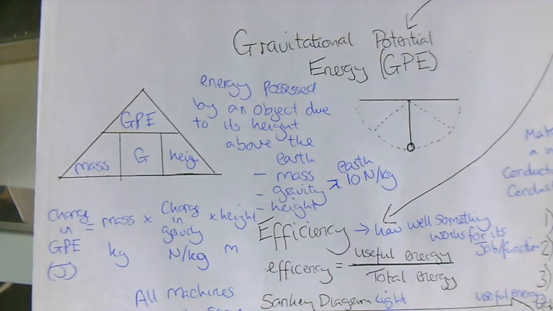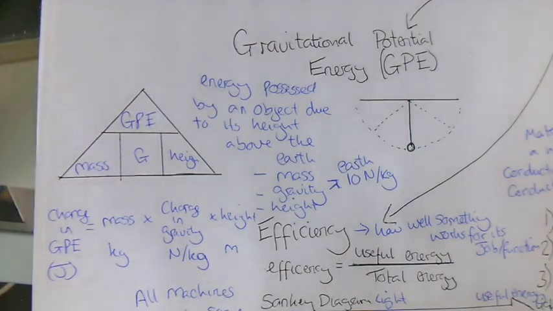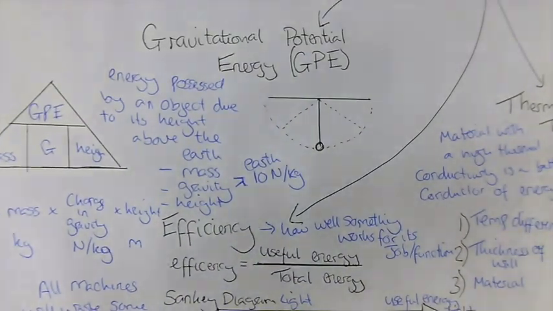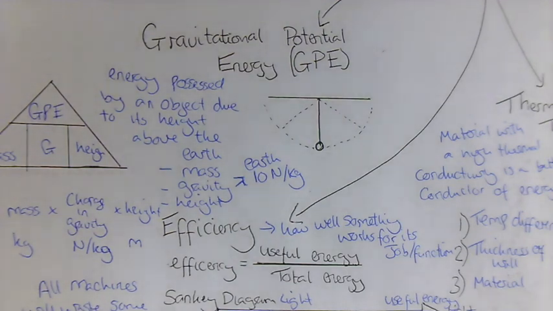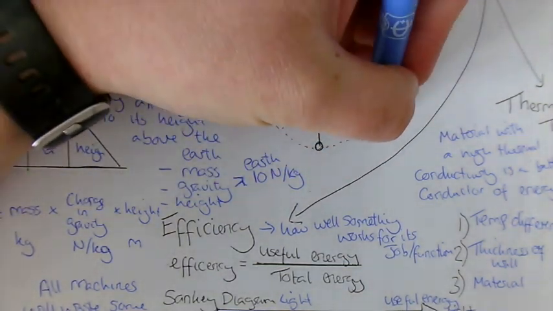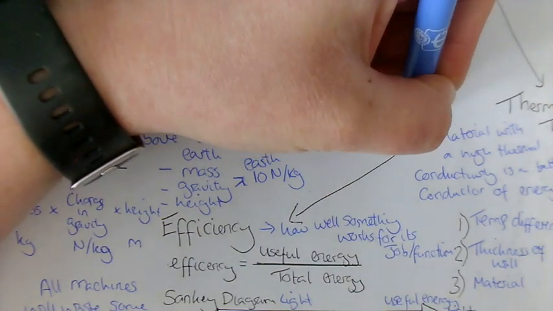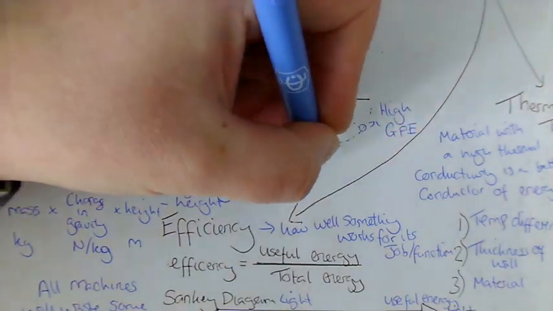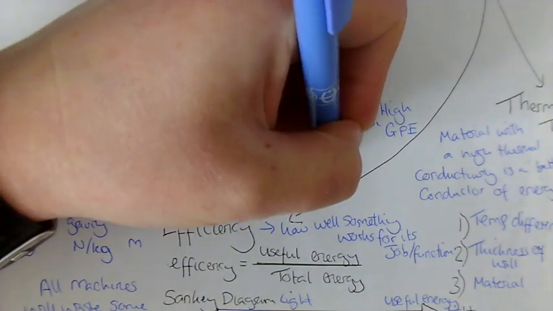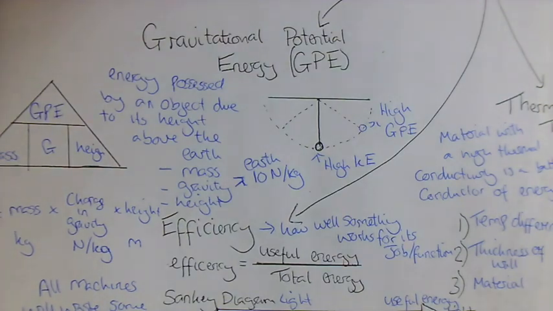We then can look at a diagram like this, which is a pendulum. A lot of fairground rides, or swings in fact, work on a pendulum system, and GPE is transferred to kinetic energy in this case. So up here, where the pendulum would be, we would have high GPE. As it moves down here, we have high kinetic energy, so KE.